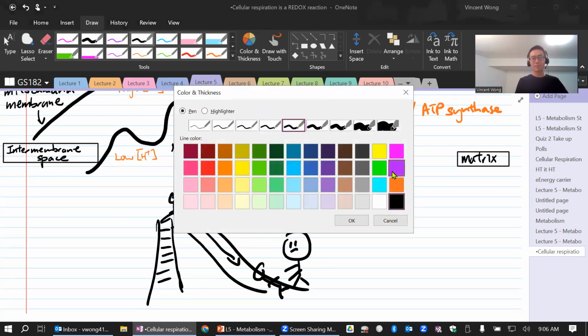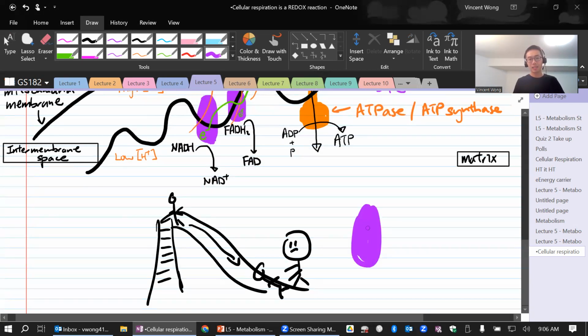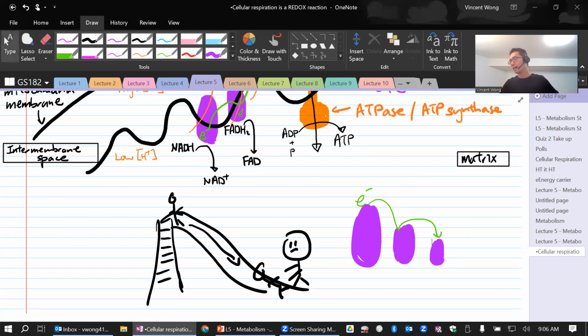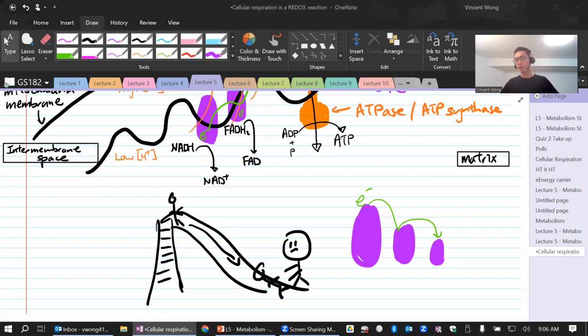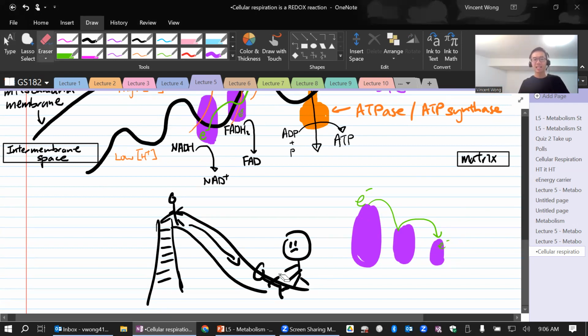So remember this story when you think about the ETC. The ETC is like a slide, okay? More like stairs, if you would. The electron hops on and then it goes boing boing down the electron transport chain. But when it gets to the bottom, it's like that kid that doesn't go away, right? It stays there. And until it moves away, the next electron is not gonna come down, right?